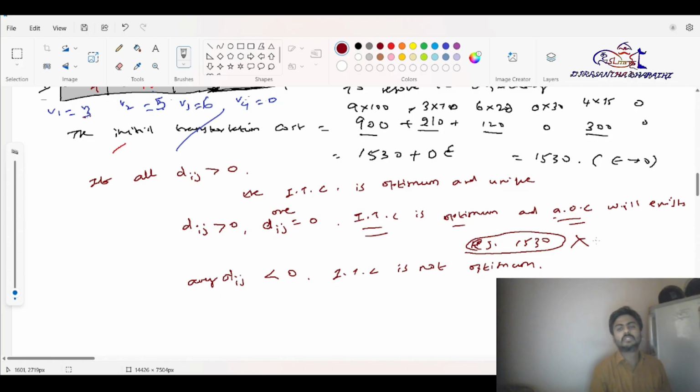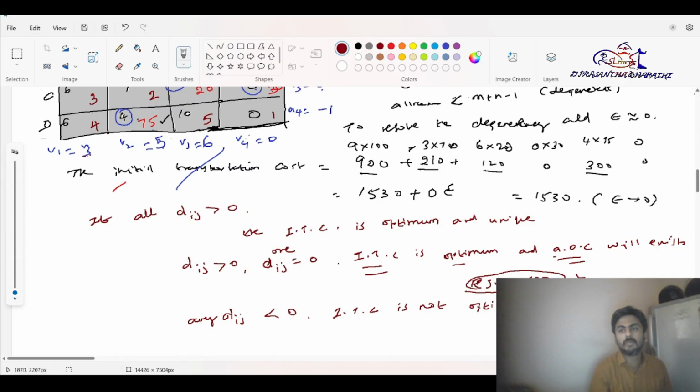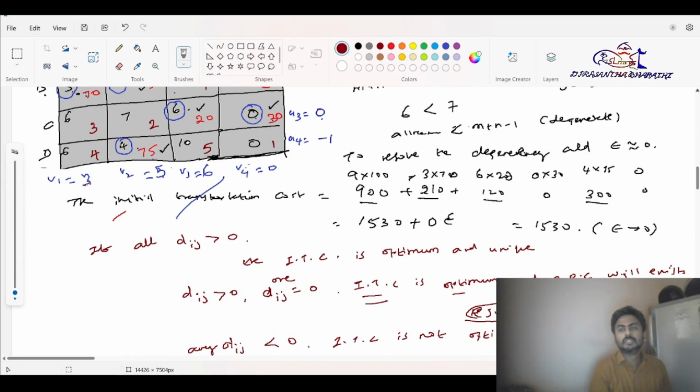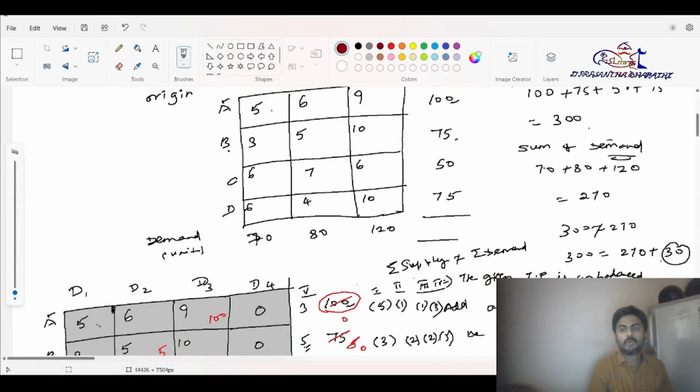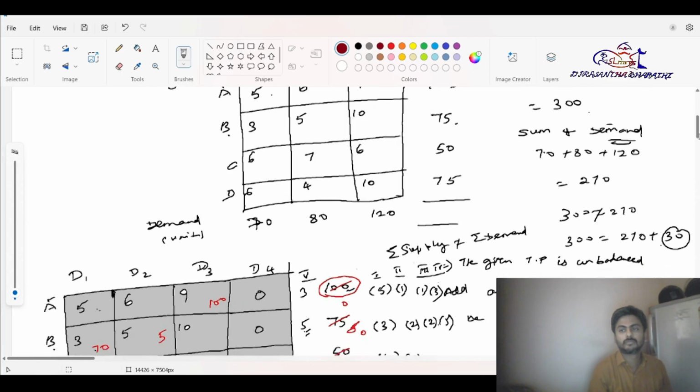Since this cost is not optimum, the cost will change when you make the current solution optimum. So in order to make it optimum, you have to follow the following procedure.